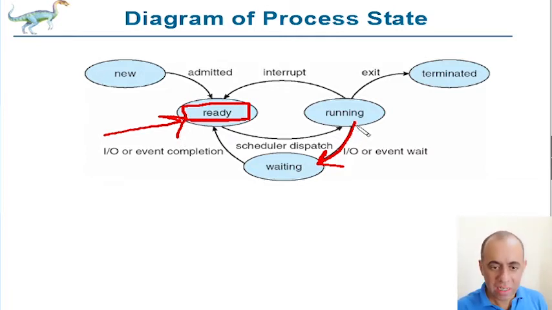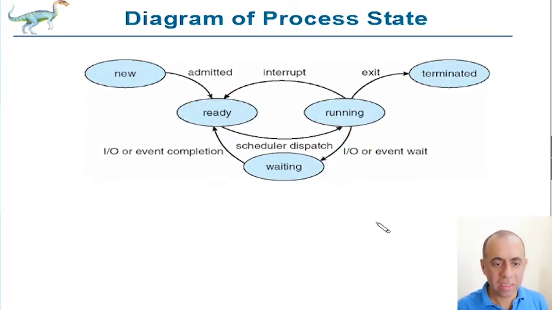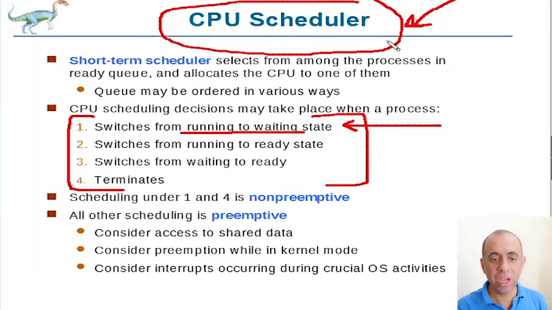But why does this transition affect this decision making? The answer is that whenever a process leaves the CPU, we need to select a new process to send to the CPU, right? Through scheduler dispatch. So that is why we need to make the CPU scheduler active.